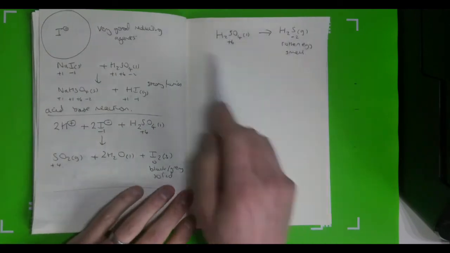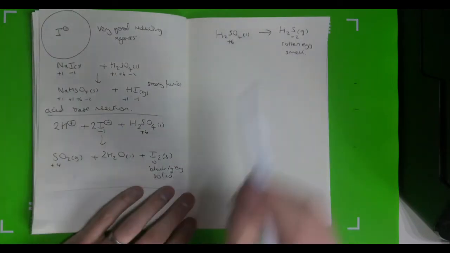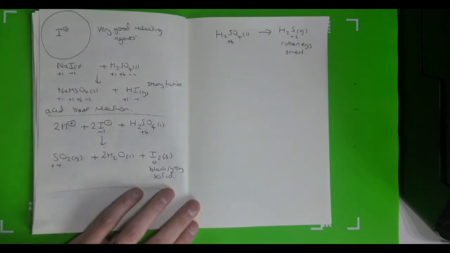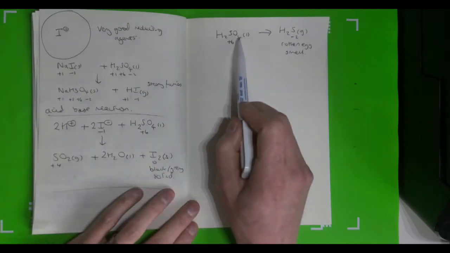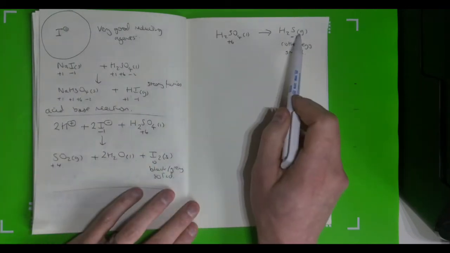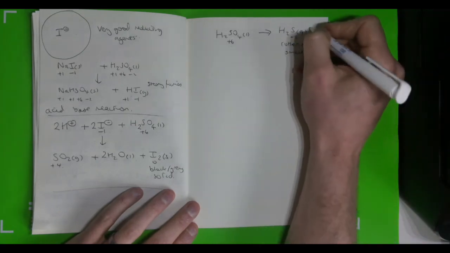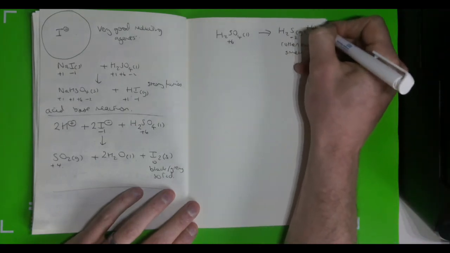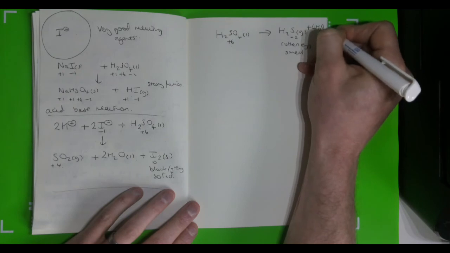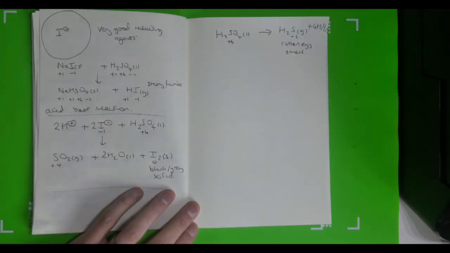Now this half equation isn't balanced, is it? We've got one sulfur on each side, which is great, but we've got the wrong number of oxygens. We've got 4 there, so we need 4 on this side as well. So we need to add 4 waters to that side, so 4 H2O liquid, like that. And what else have we done here?